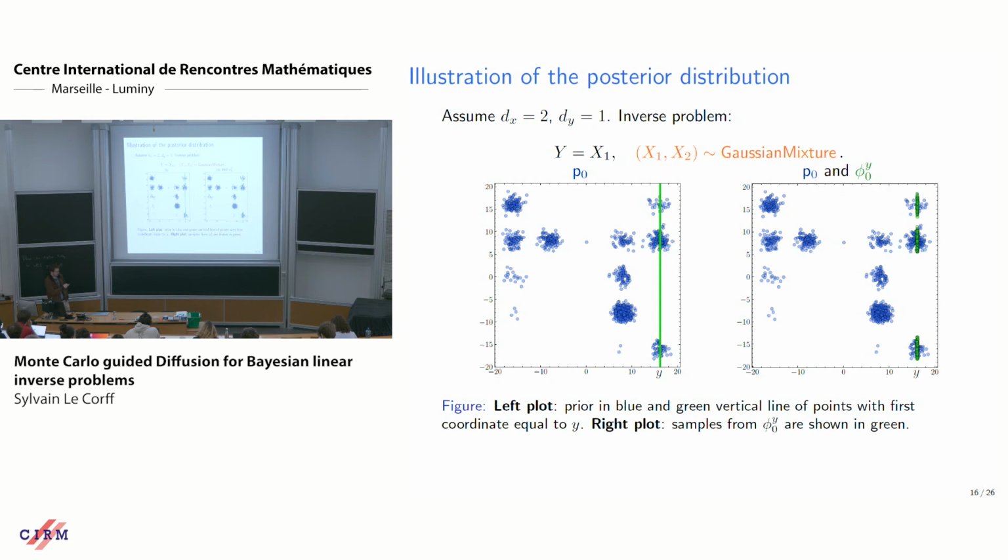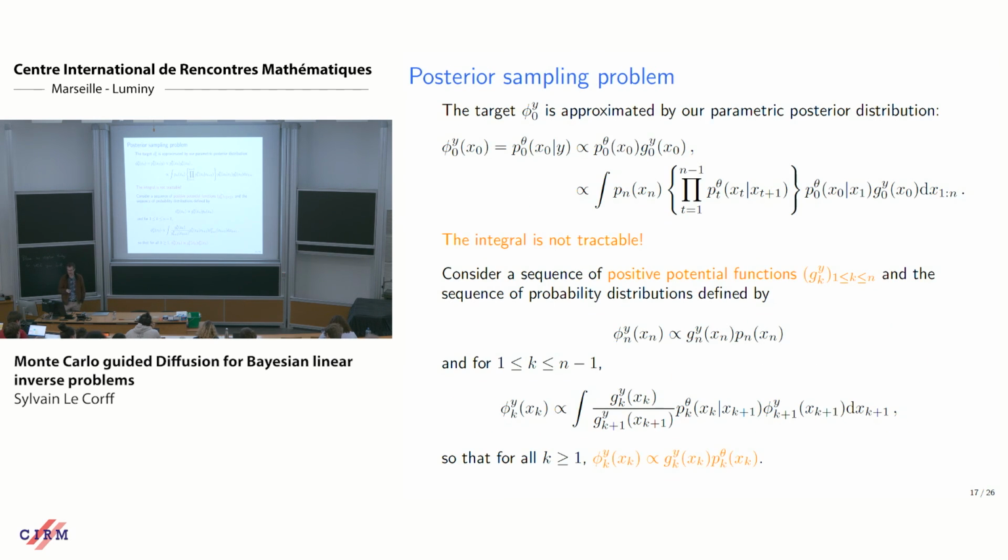And here, in this case, you can assume that in a two-dimensional setting, you only observe one coordinate of your process. So y is the first coordinate of a two-dimensional vector. You have y here, and what you're going to sample is not a two-dimensional distribution, but a distribution which is supported by the real line. And this is a hard problem, as we're going to see in the experiments.